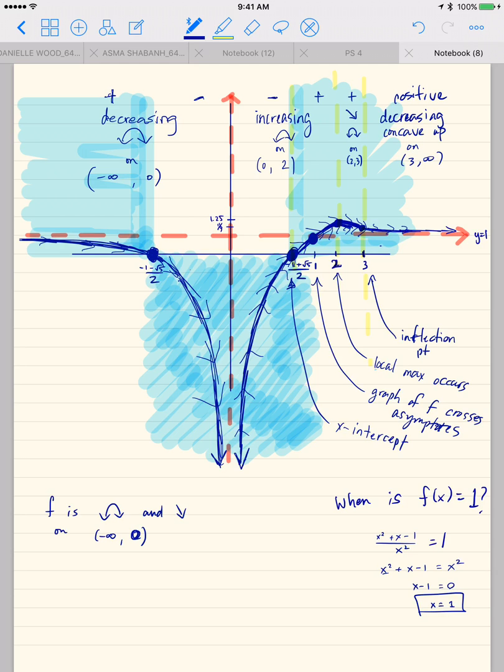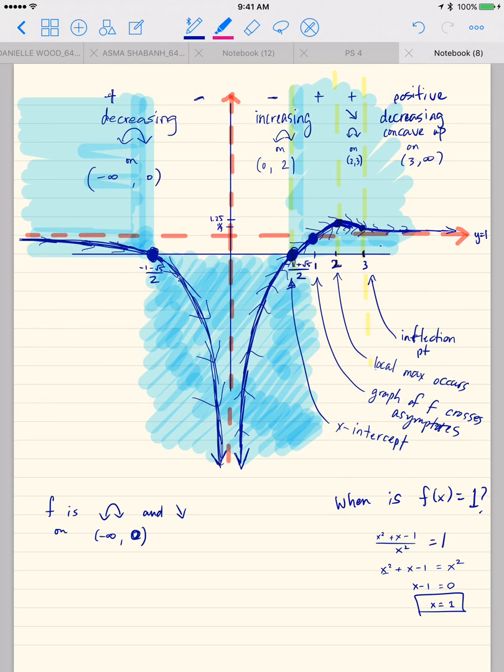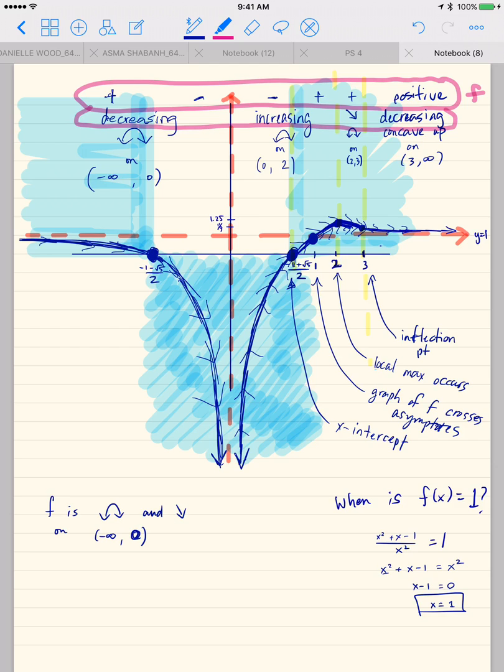And so what I'm keeping track of by doing this is positive and negative. This is telling me about the sign of f. Increasing, decreasing: this is telling me about the sign of f prime. Concave up, concave down: this is telling me about the sign of f double prime.